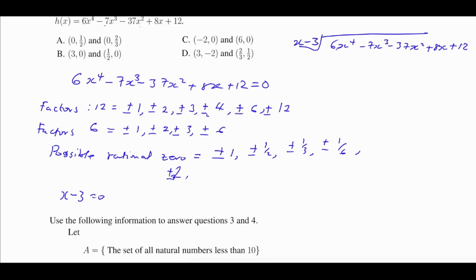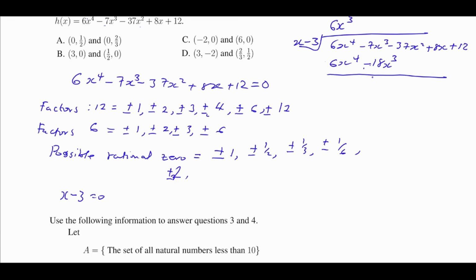Now when I divide, I have 6x cubed, then 6x^4 minus 18x cubed. In that case, I will have 0. Then this one minus this one gives positive 18, and positive 18 minus 7 gives me 11.